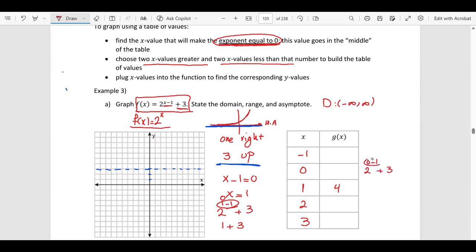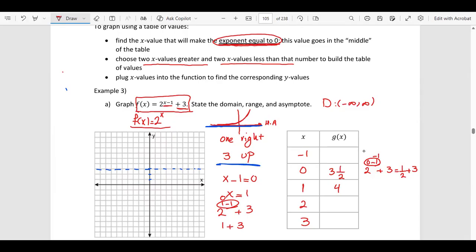And 0 minus 1 is negative 1. And I know 2 to the negative 1 power means 1/2, because we have to move it to the denominator to make the power positive. And 1/2 plus 3 means 3.5.